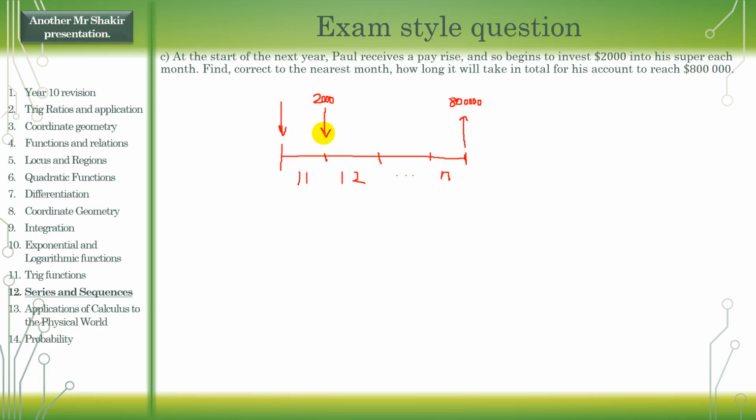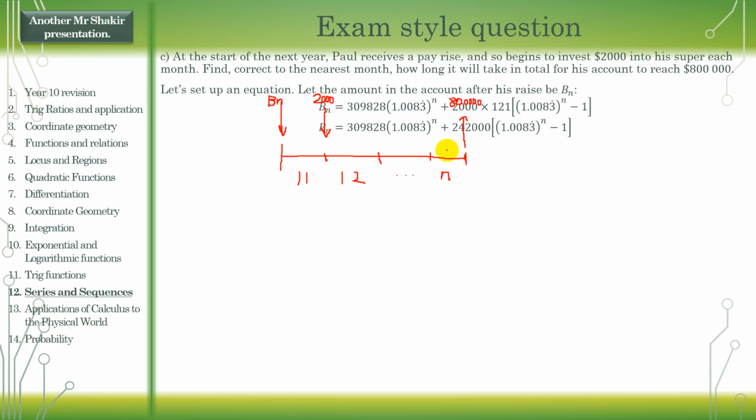Let's call this Bn from the previous equation, right? And that goes in. It's going to earn compound interest separately to these investments, which will earn compound interest separately. So B of n is equal to 309,828 times the growth factor to the power of n.